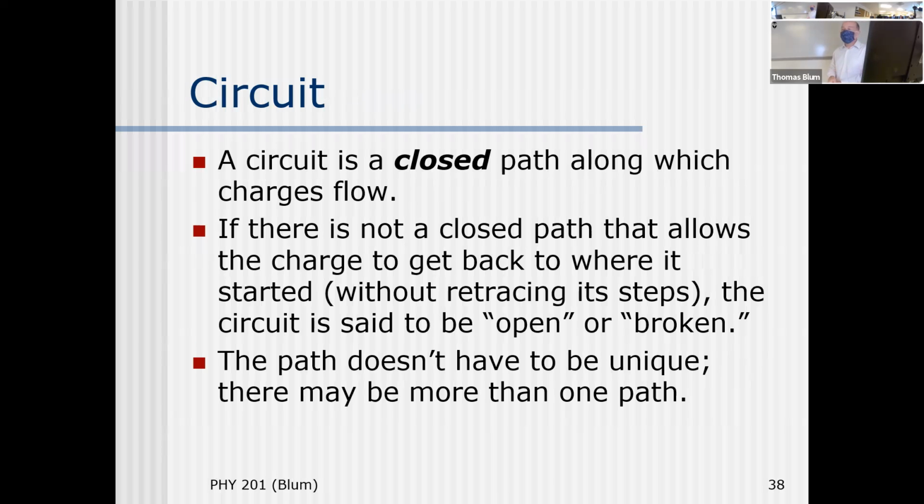A circuit is a closed path. You should be able to get from one side of the battery to the other. When we do resistor circuits, we'll stick to this. When we do logic circuits, we will sometimes cheat. Like that probe, that little light that just lit up on the end.